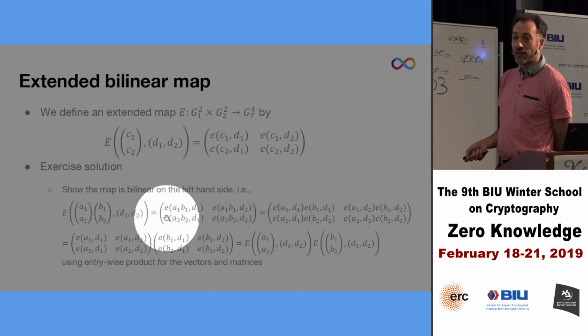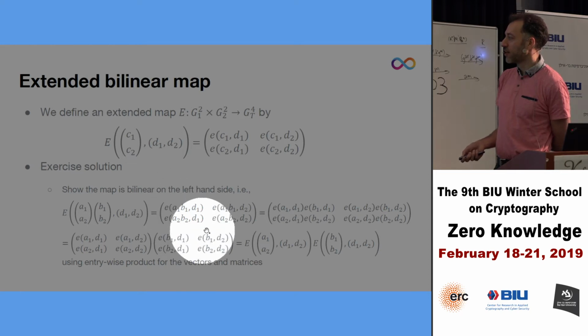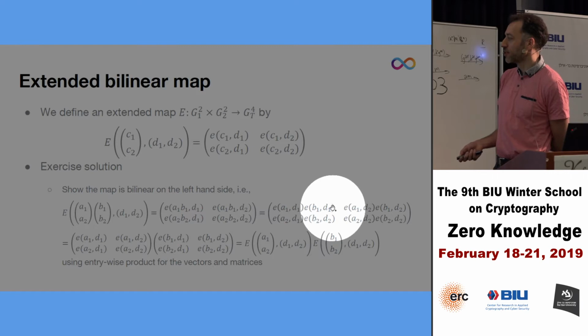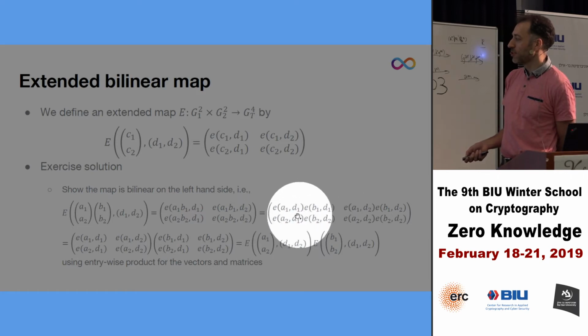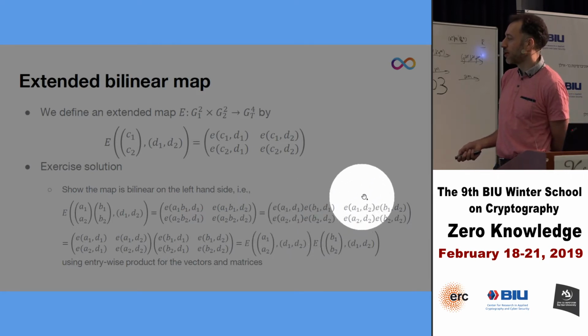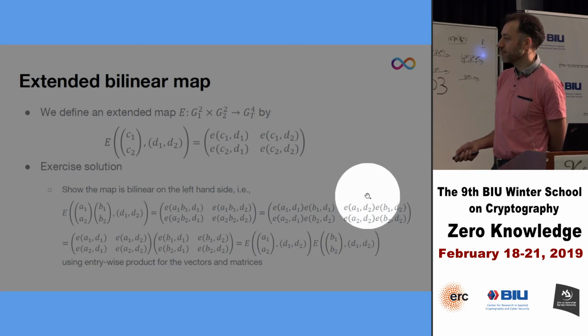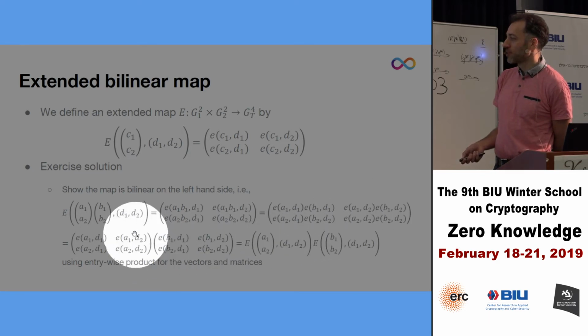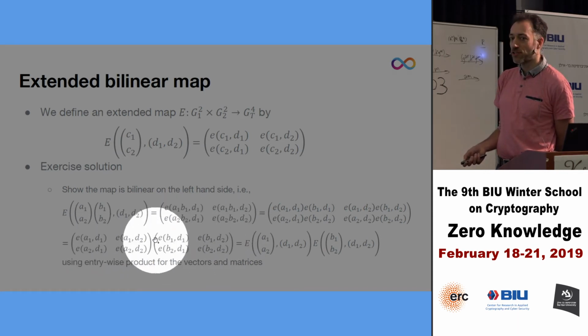Now we know that the pairing is bilinear, so we can split all of these into 2 parts: the pairing of A1 with D1, and the pairing of B1 with D1, the pairing of A2 with D1, the pairing of B2 with D1, and so forth, and the same for the second column. Because we're doing entry-wise multiplication, that's the same as this 2 times 2 matrix multiplied with this 2 times 2 matrix.